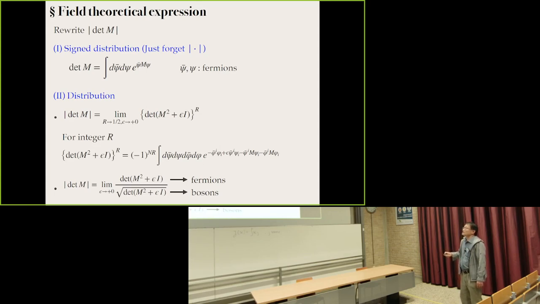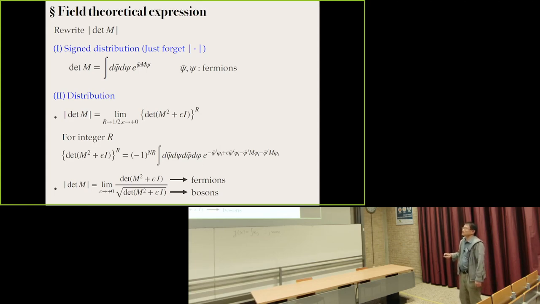And for integer r, one can rewrite this by using a number of fermions again. So in this process of taking 1/2, you have to do an analytic continuation, but otherwise you can compute this quantity by this fermionic integration.